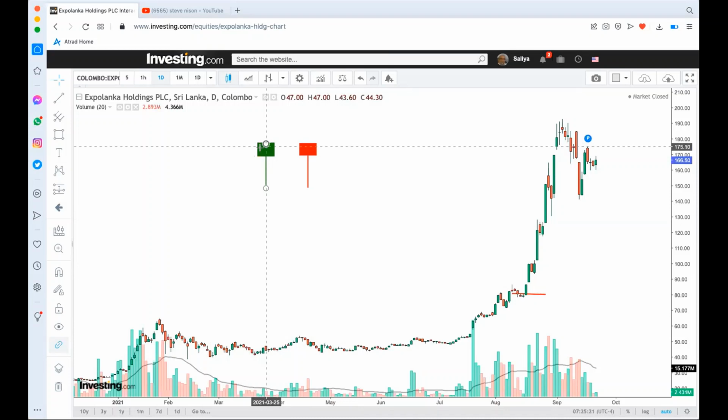When this is at a lower level of a price chart, either a bullish umbrella candle or a bearish umbrella candle, if it is at the bottom of the price, it is called a hammer.